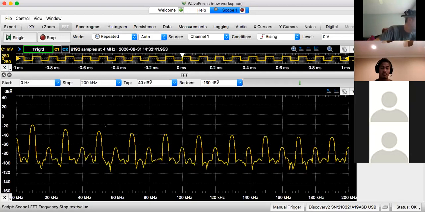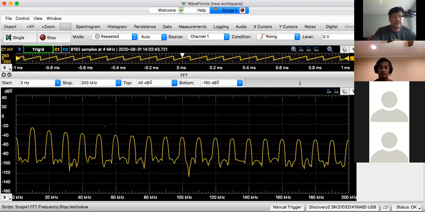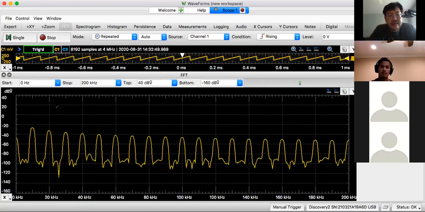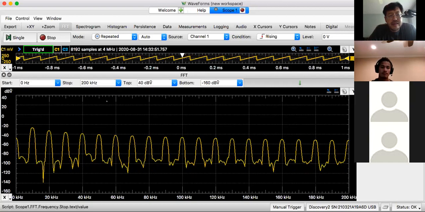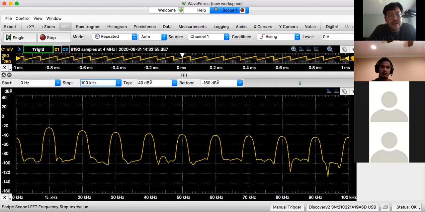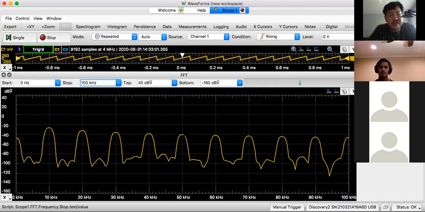Let's change to a sawtooth. First order, second order, third, fourth, fifth, sixth, seventh, eighth, ninth.